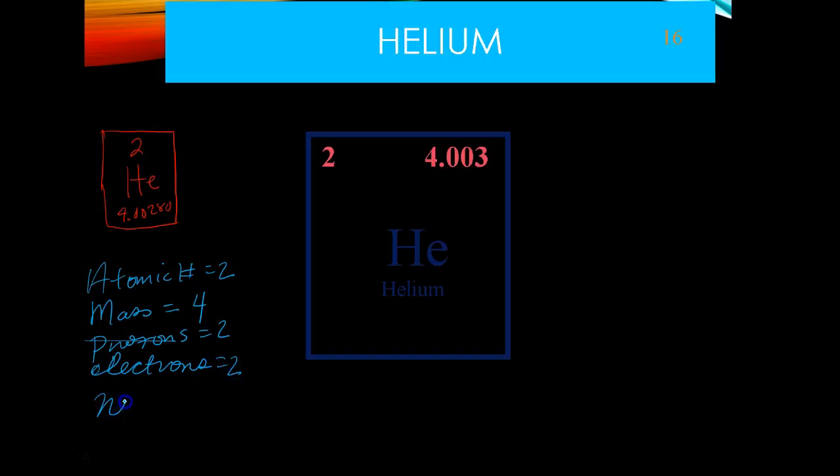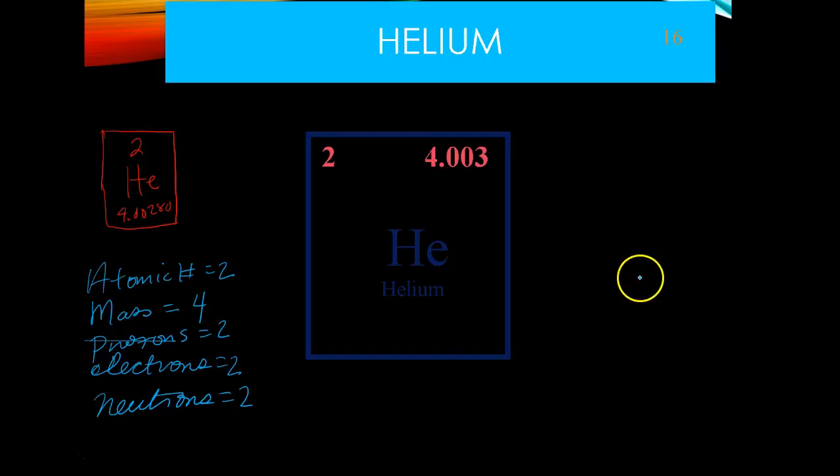The number of neutrons happens to also be equal to 2, because 4 minus 2 is going to be 2. Alright, so what should this guy look like? And we'll check ourselves on probably the next slide.